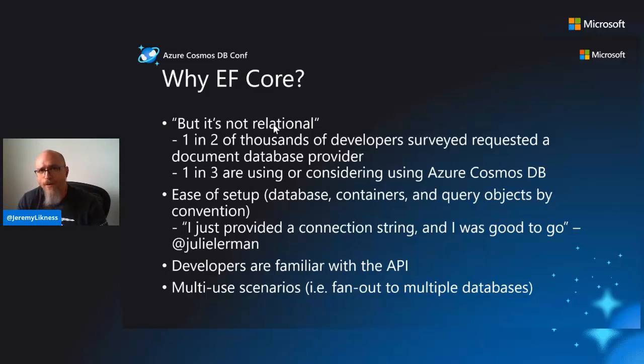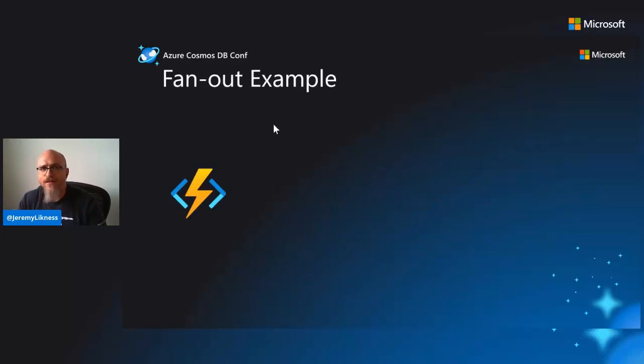And there are certainly multi-use scenarios of fanning out. In fact, there is a group internal to Microsoft who is at very large scale using a scenario like this. They stand up an Azure Function app, and that consumes some data. It then takes that data and passes it to Entity Framework Core.